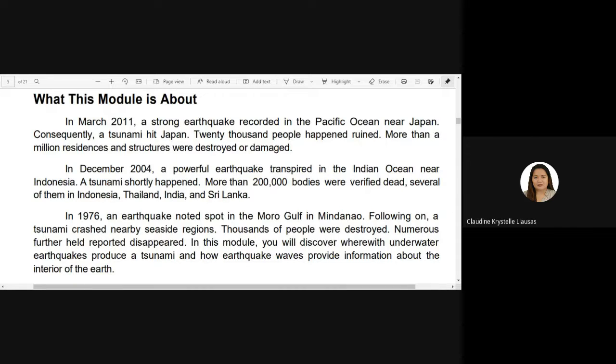Imagine na. In just a short happening, kadyot ra nahitabo ang tsunami, automatic 200,000 katao ang namatay. And these people were from Indonesia, Thailand, India, and Sri Lanka.